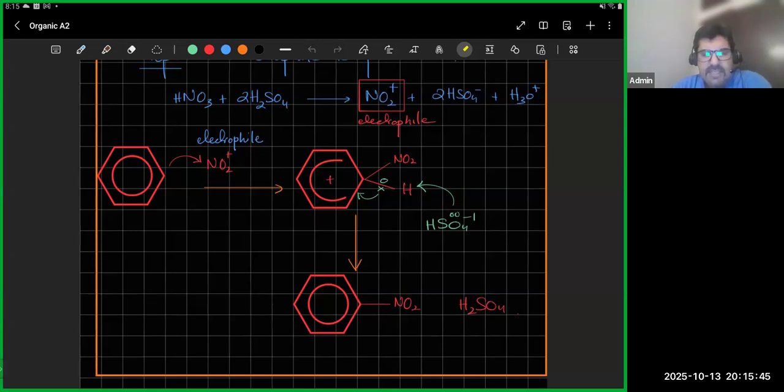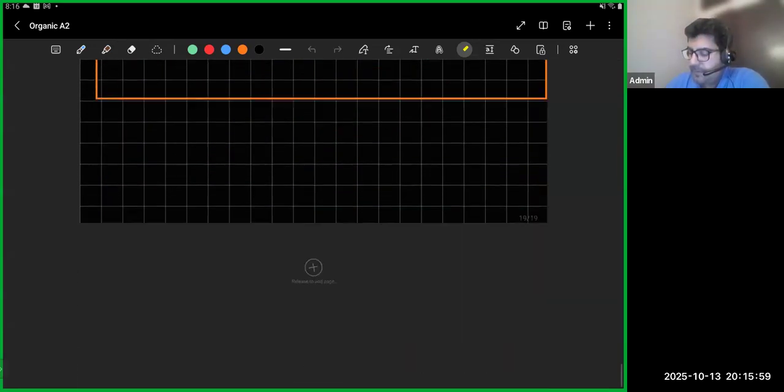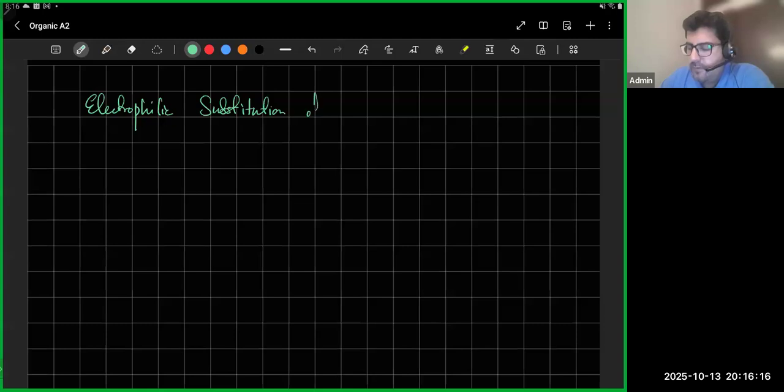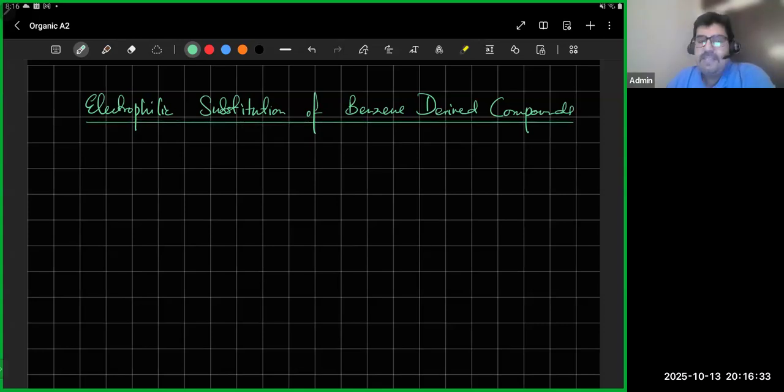So this is your basic electrophilic substitution, and then there are a lot of derivative compounds, and we're going to talk about those now: the electrophilic substitution of benzene derivative compounds, or benzene derived compounds. These are compounds that have benzene in them, basically.